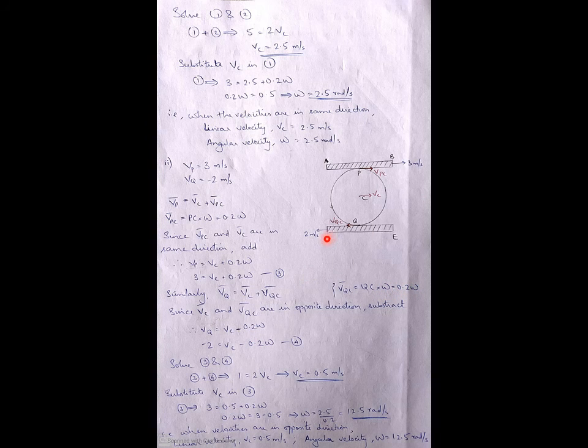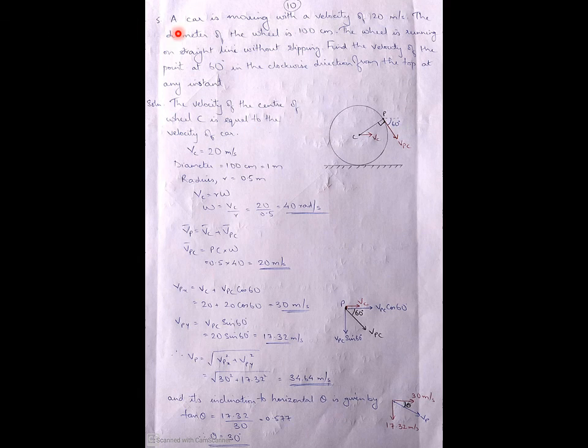And also this VQ is minus 2, since it is moving towards left. So minus 2 equal to Vc minus 0.2 omega. This is equation 4. Solving equation 3 and equation 4, you will be getting velocity of the center point C. And substituting this in either equation 3 or equation 4, we will be getting the angular velocity omega, which is 12.5 radians per second.